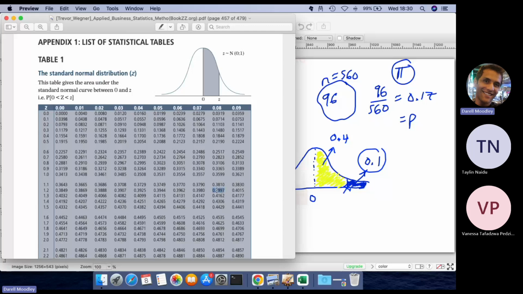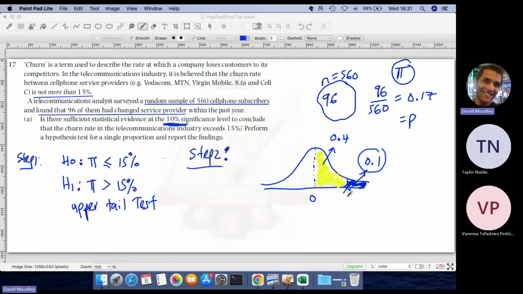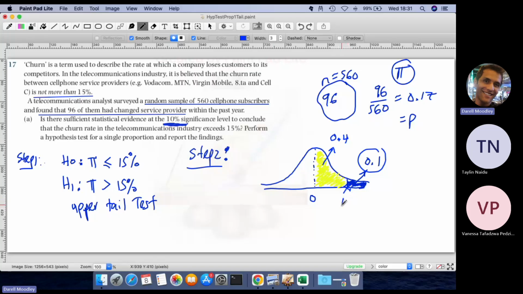Now, if you work backwards to figure out what the Z value is, you follow the row going to the left, and you'll see that the value that corresponds to it is 1.2, and the second decimal is 0.08. So the value is 1.28. So that's my critical value.